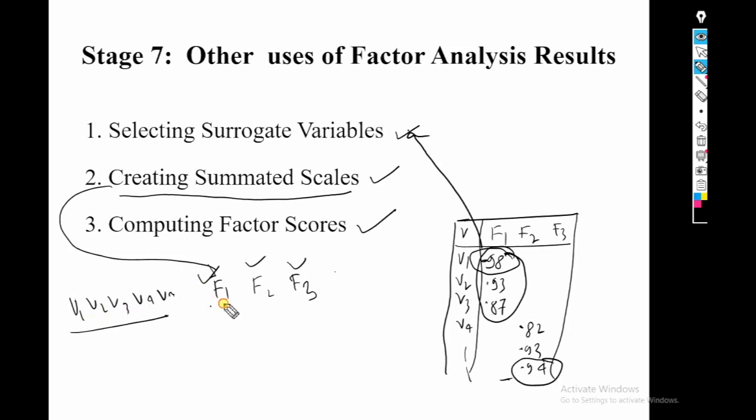If there are three variables under a factor, we can take the mean of them and create this variable. This is known as creating a summated scale. And computing factor scores we can also get through the analysis, by ticking one option. So this is about exploratory factor analysis.